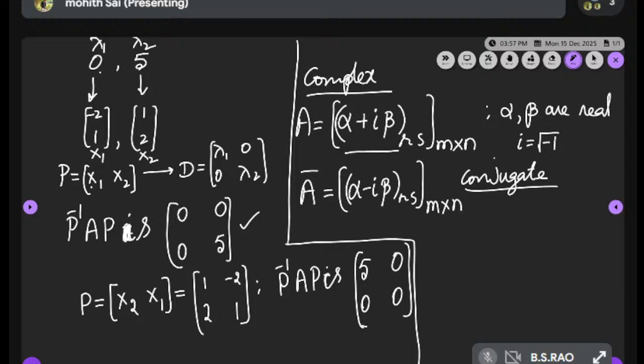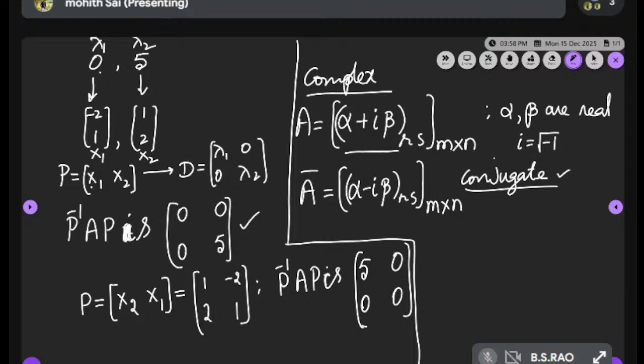If all the elements of a matrix are replaced by its complex conjugates, the resulting matrix is known as a conjugate matrix.